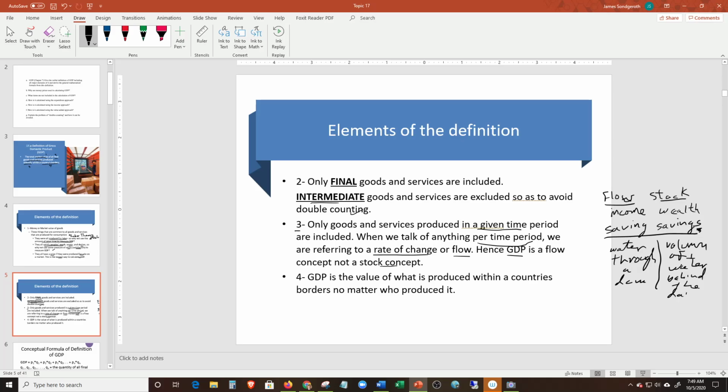Okay. And usually this is given in cubic feet per second.